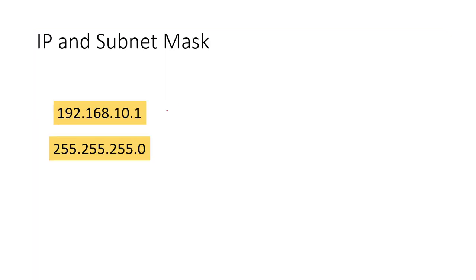To determine whether the destination device is on the same network or on a different network, that can be identified via the IP and the subnet mask. We already have made a detailed video on this, where I discussed classful subnetting, classless subnetting, and how different IP addresses or different networks can be identified. So I would recommend you watch that video if you don't know.